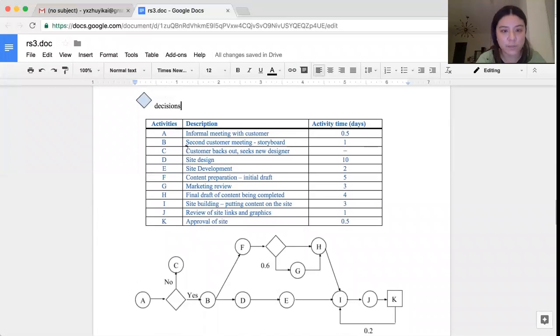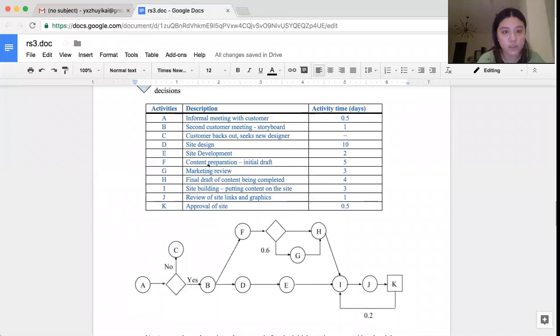And let's look at the flowchart. First, we need an informal meeting with the customer, and we need to make a decision whether we accept a designer or not. If we accept it, we continue to step B, the second customer meeting, and this takes about 1 day.